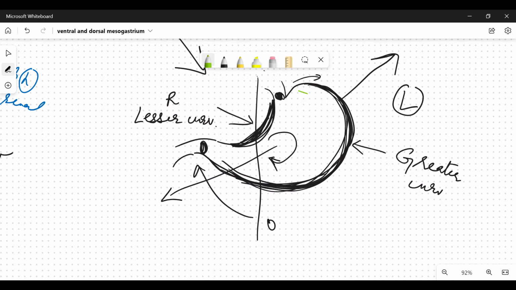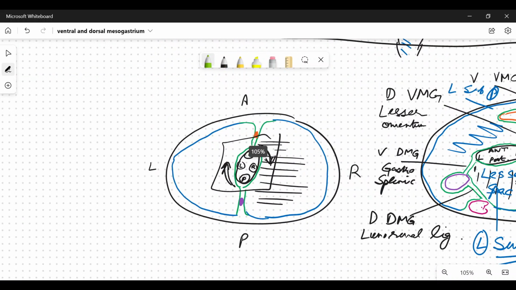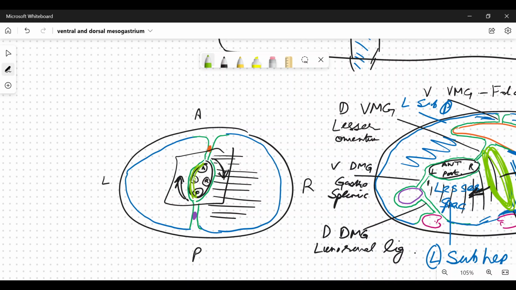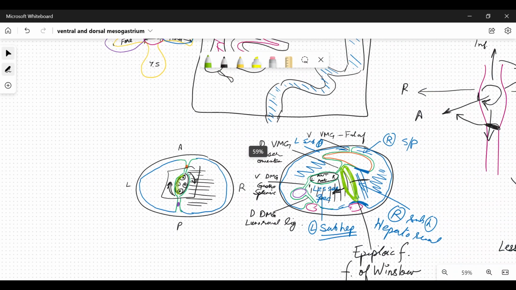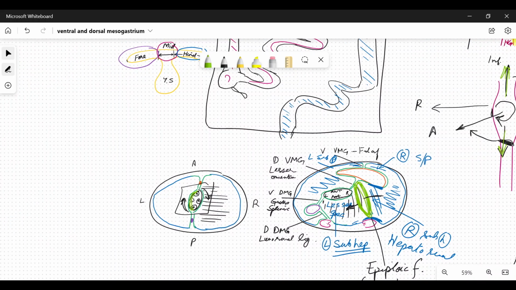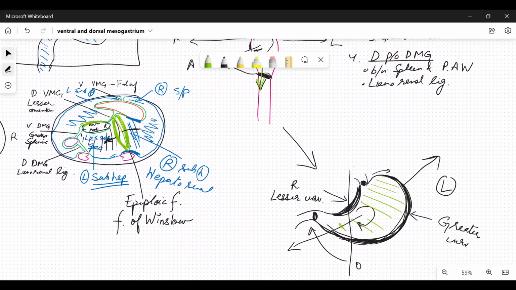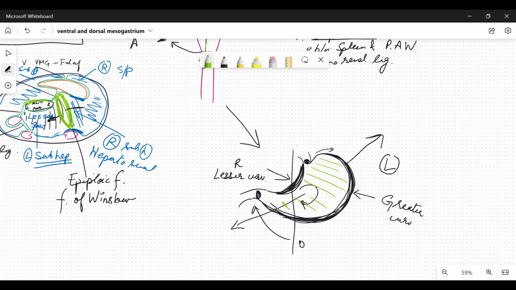Whereas now this surface of the stomach, which is visible to us, which is now the anterior surface of the stomach, was initially which surface of the stomach? It was this left surface of the stomach. But because of the rotation around this axis, this surface, which was initially facing towards the left side, now comes to face towards the anterior aspect, and now forms the anterior surface of the stomach.